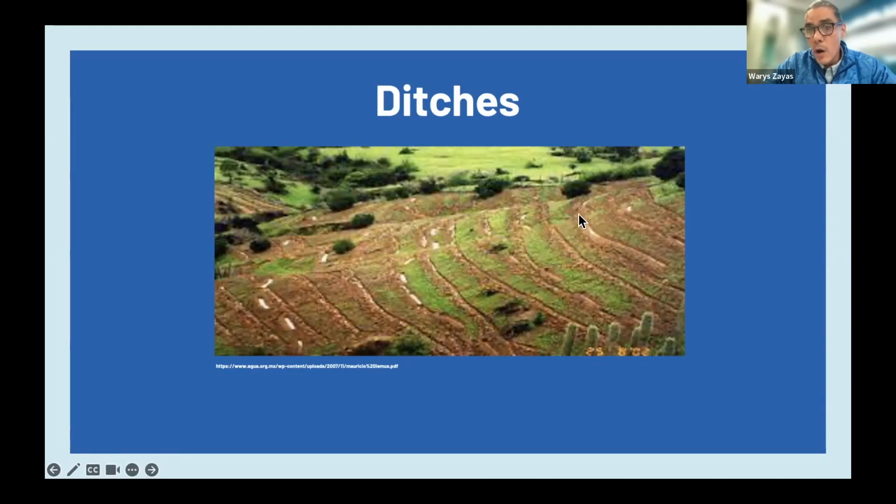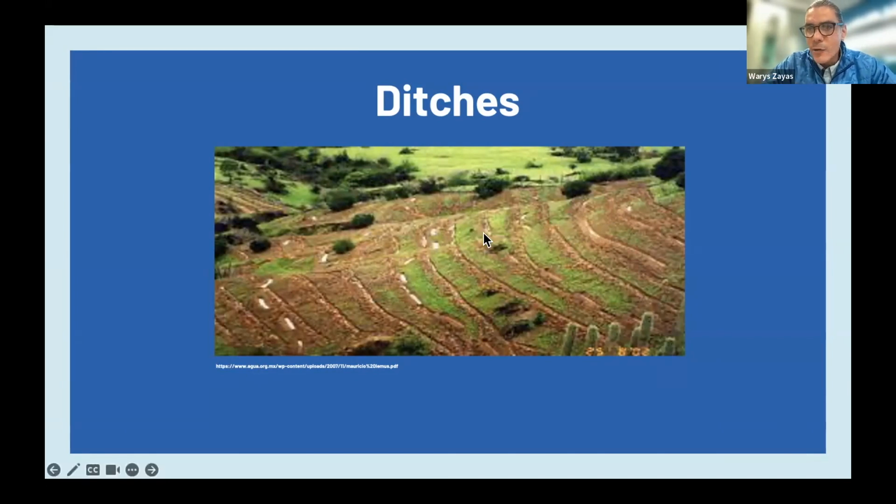And if we allow water to run free through the slope, from this point to this one, the water is gaining a lot of speed across the slope, and that increases the erosion potential of the water, right?